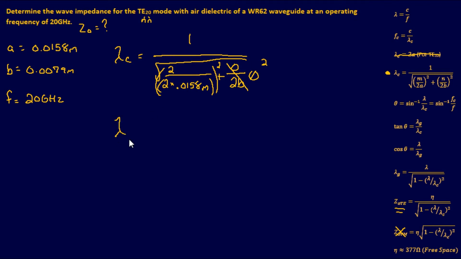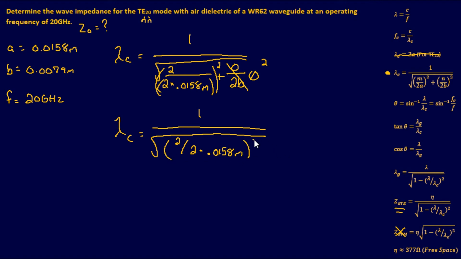So let's rewrite it. Wavelength cutoff equals 1 over the square root of 2 over 2 times 0.0158 meters, and that's going to be squared. Rewrite it again.